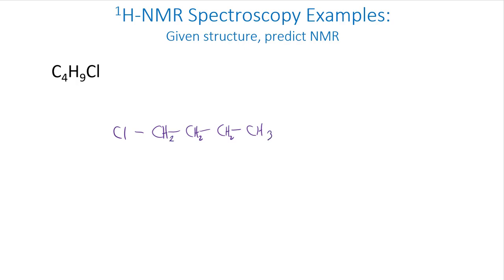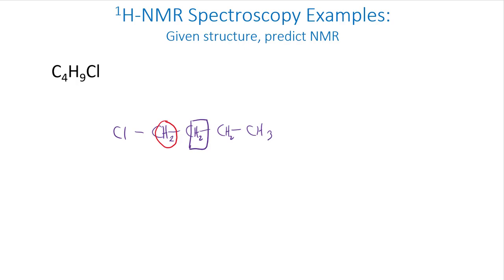What we're going to find, if we think first about the chemical equivalence, is that we have 4 different signals. So the hydrogens that are closest to the chlorine, the 2 on that CH2 that the chlorine is also attached to, are going to produce one signal, and that one will be the most de-shielded because it's closest to the chlorine.